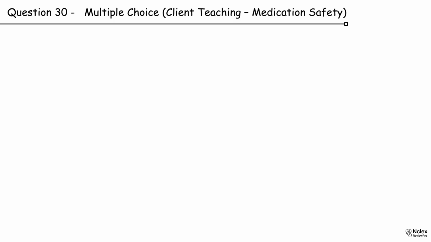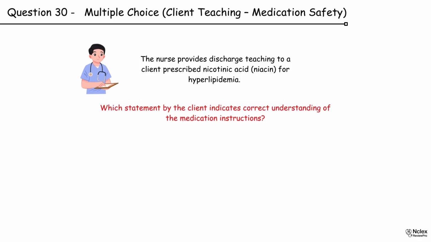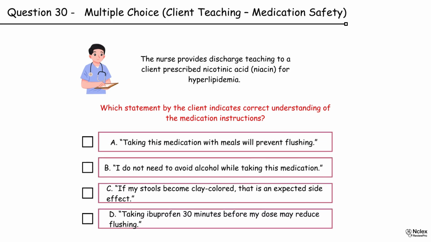Question 30. This is our final question in the cardiovascular pharmacology section. It focuses on client teaching for nicotinic acid, also known as niacin. The nurse provides discharge teaching to a client prescribed niacin for hyperlipidemia. Which statement by the client indicates correct understanding of the medication instructions? A. Taking this medication with meals will prevent flushing.